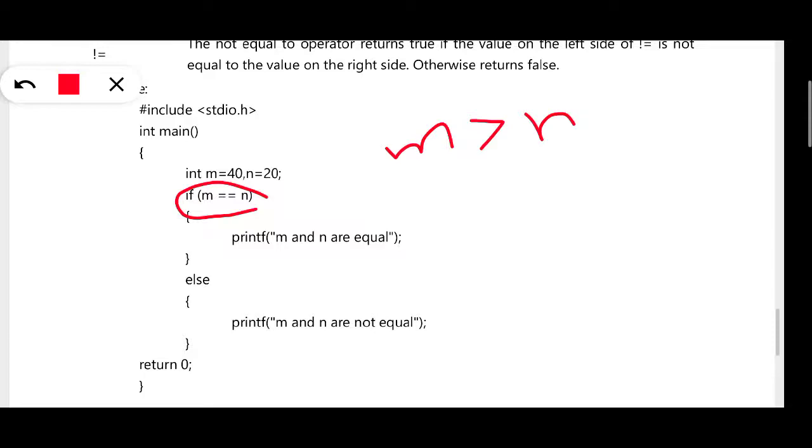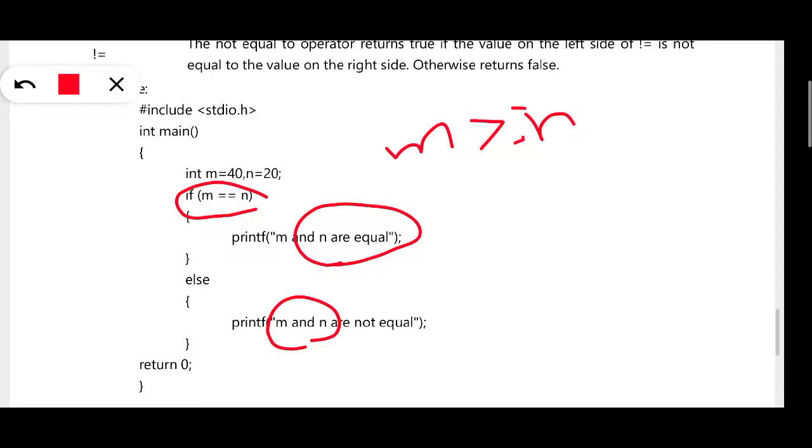Here the statement is correct, so in printf, m is greater than n, else it is not greater than n. If m is greater than or equal to n, write the operator greater than or equal to here.